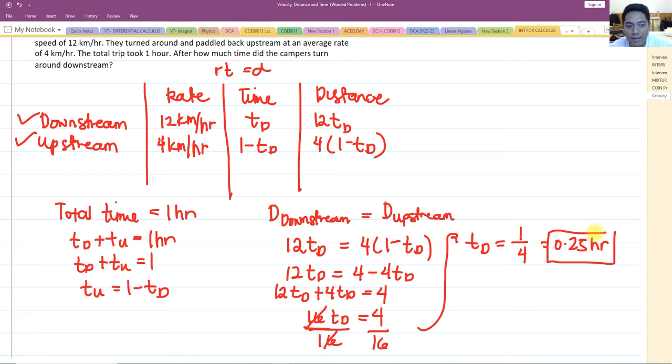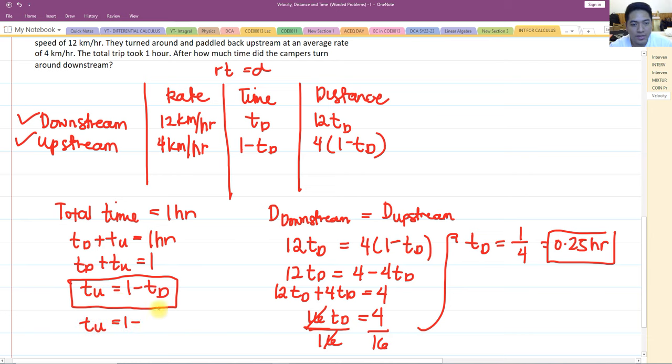Now, how about the time they took upstream? Looking back at our equation, T sub U is 1 minus T sub D, which is 1 minus 0.25. So you have 0.75 hours. If you add 0.75 hour and 0.25 hour, that equals 1 hour.